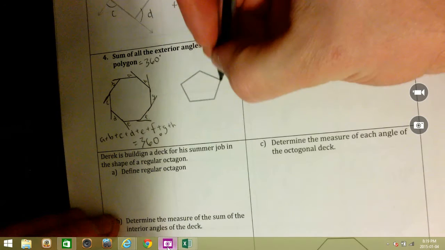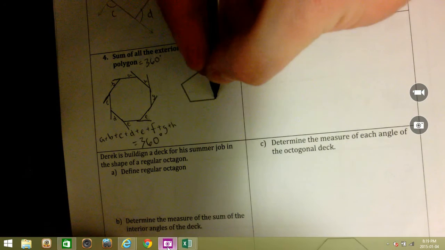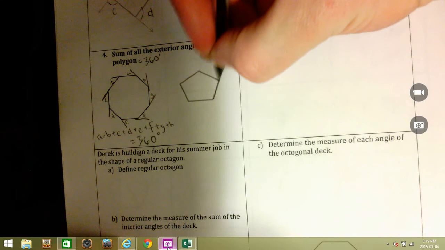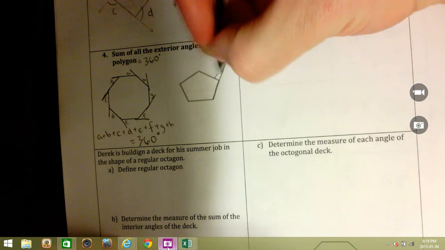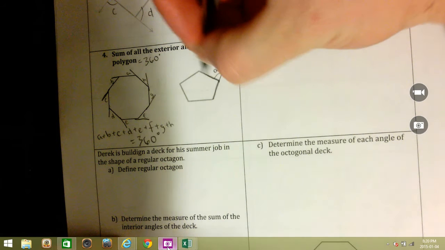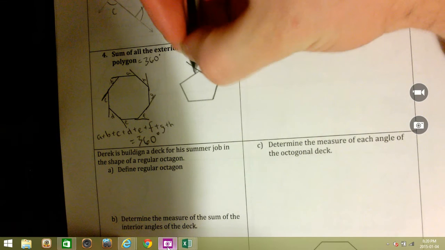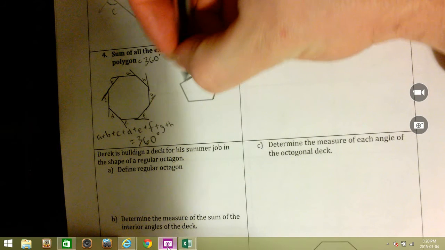Similarly with a pentagon here, and again, to find the exterior angles, all I do is start here and follow along and continue on. So here's one of the exterior angles. I label that A. Once I get here, I make a left turn, and there's another exterior angle, B, and I continue on like that.